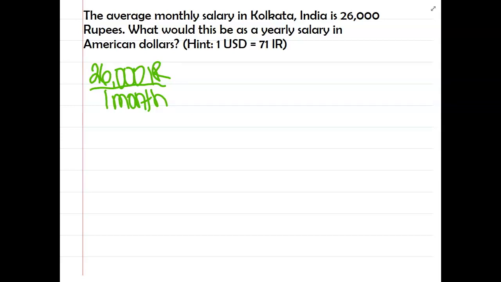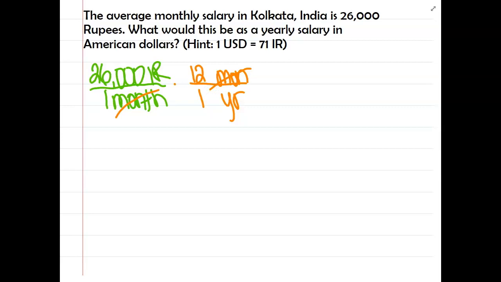So first one, the one we're kind of more familiar with, let's go from months to years, okay? If the months is in the bottom, in my conversion factor, where's the months going to need to go? On the top. So months is going to have to go up here, and then years will have to go on the denominator. And there are 12 months in a year. See how the months cancel out?